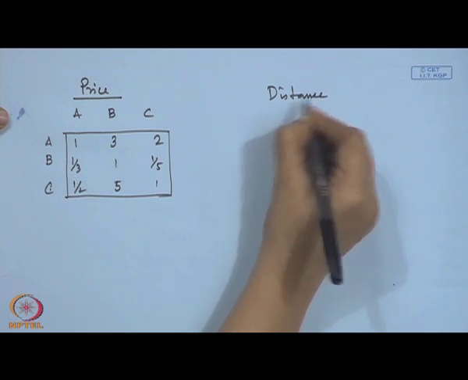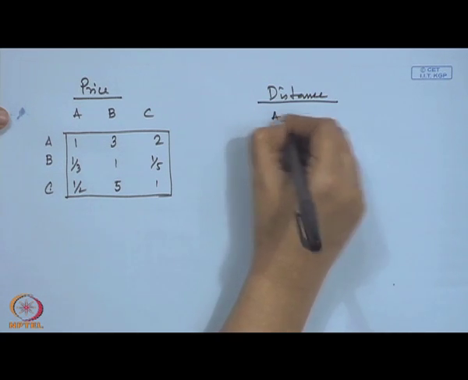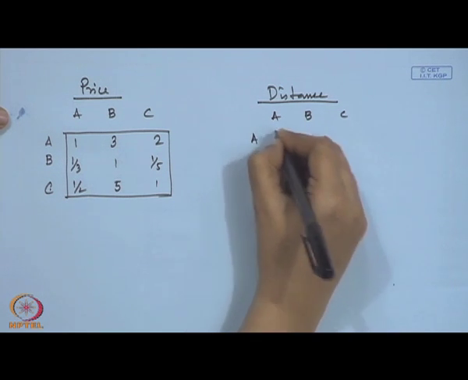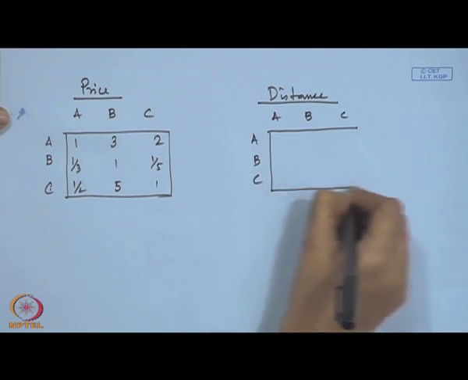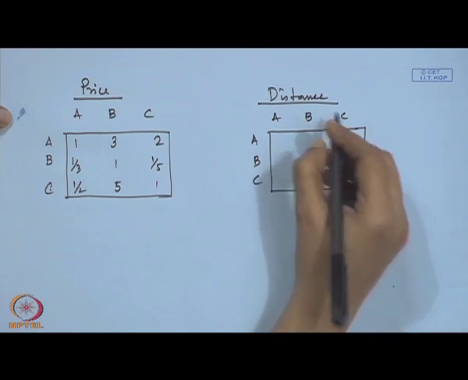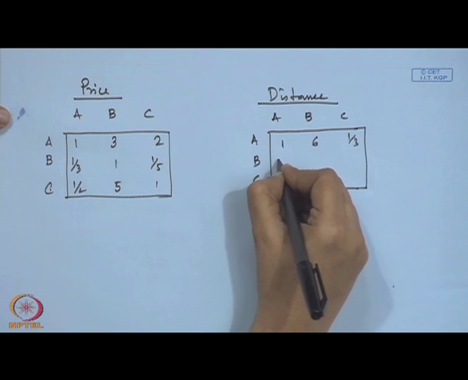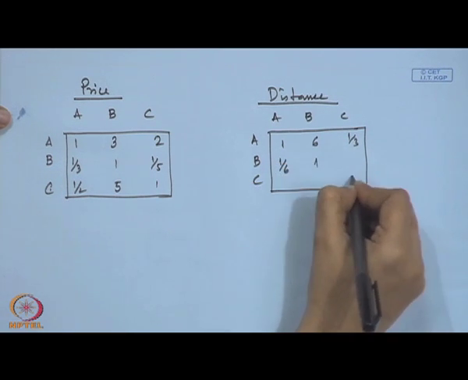If we consider the distance, these are all the decision makers' perception, and we are having 1, 6, 1 by 3, these are all 1.